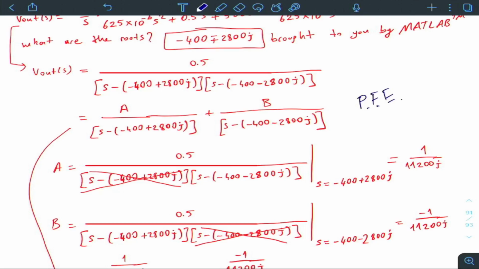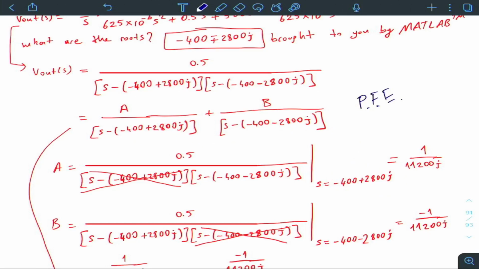Here, to find the A term in the numerator, just copy the whole rational term, and then ignore the denominator term that corresponds to A, and then substitute the root, just substitute it here like this.